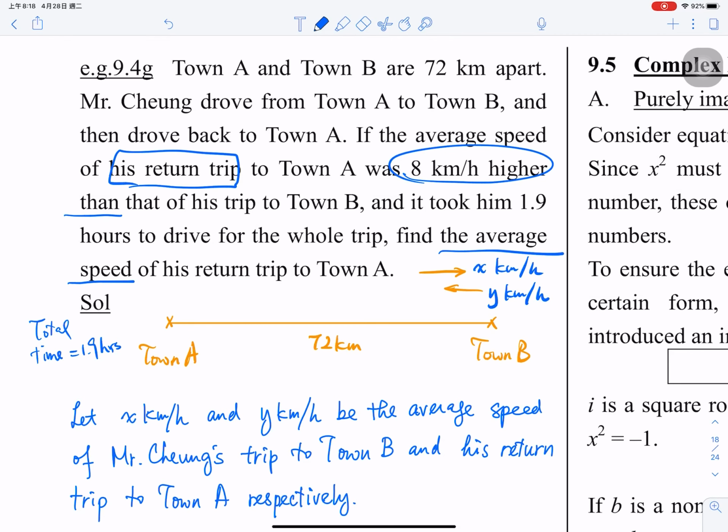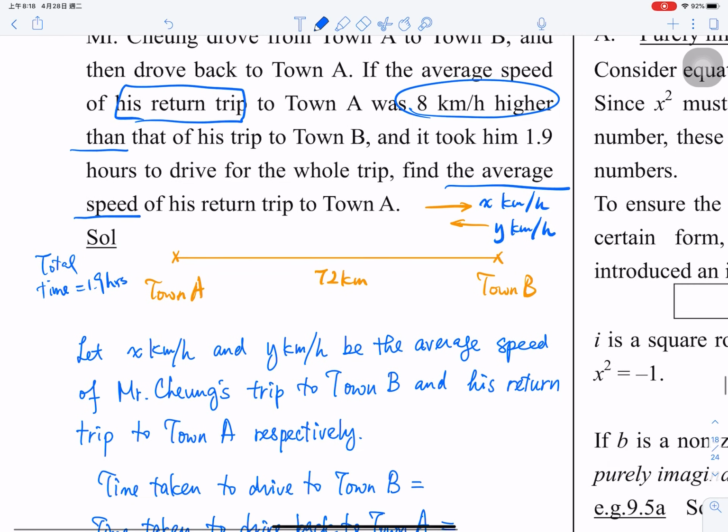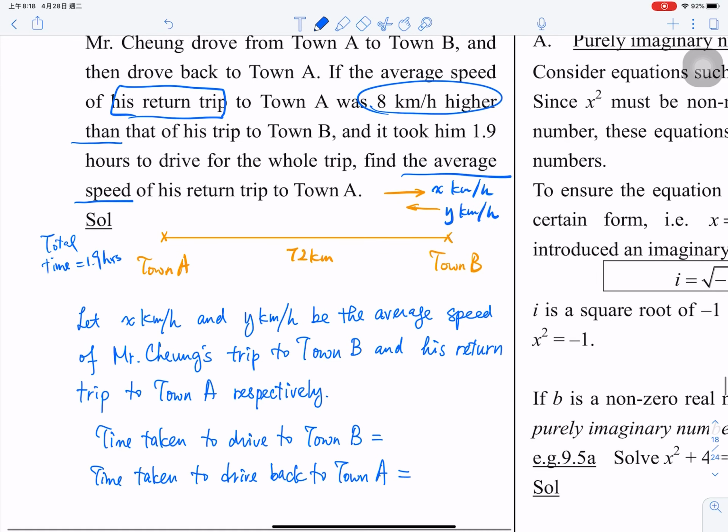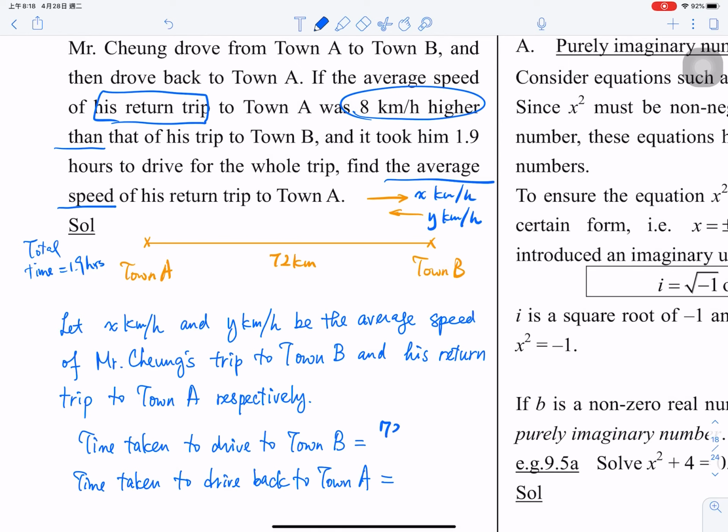So what is the time taken? One is 72 over x hours. And how about going back to town A? Again, the same, 72 over y hours.